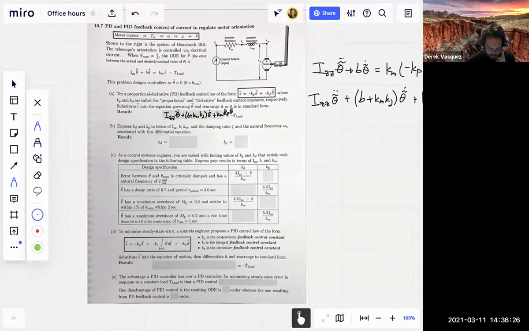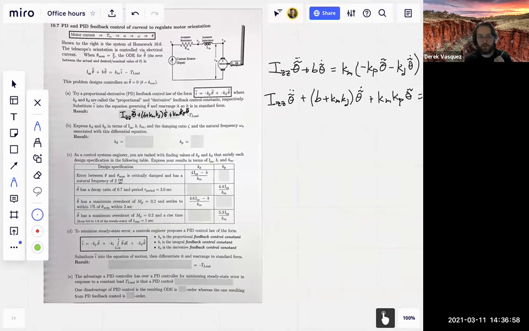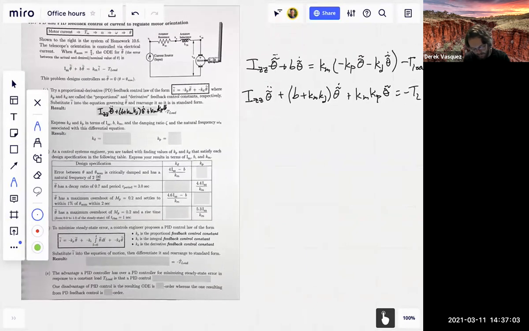So now it says express Kd and Kp in terms of Izz, B, Km, and the damping ratio and the natural frequency omega n associated with this differential equation. So what do you remember of the form of the second order equation that has our natural frequency and zeta in it?